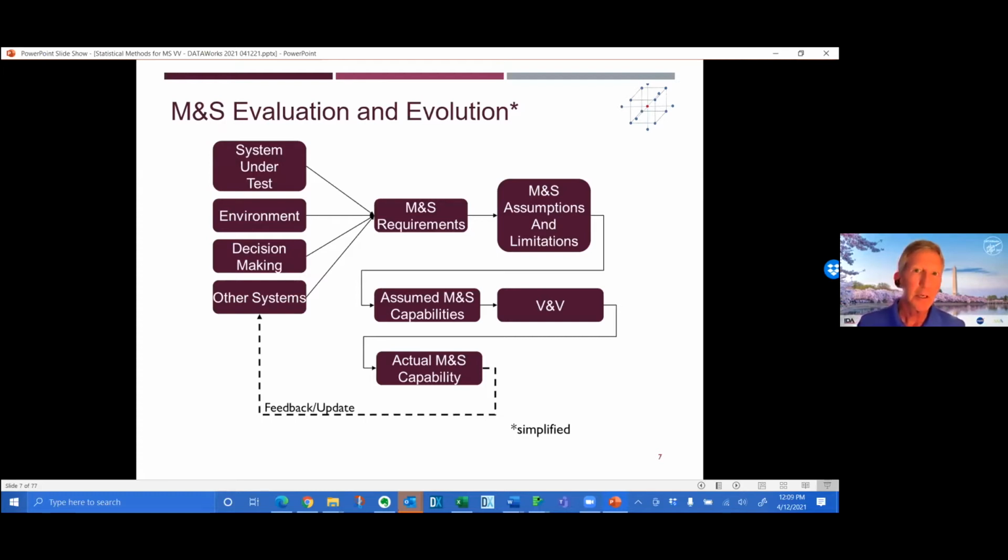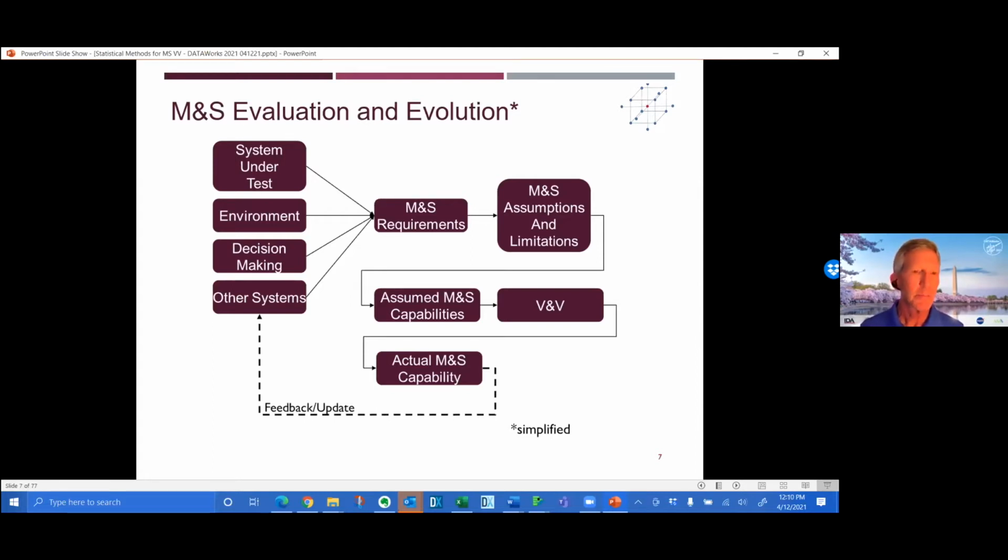We're also going to be modeling and simulating the environment, and that can include not just physical environment, but many sort of outside influences that could be part of the underlying system. The decision-making process can be sequential. It can be automated. There are a lot of parts of the decision-making that can be involved that need to be modeled, and then whether other systems are involved, critical systems like in DoD, the threat, and that type of thing.